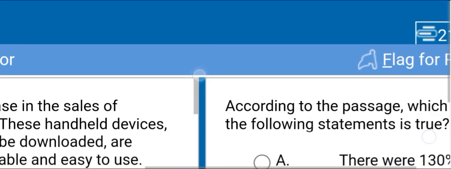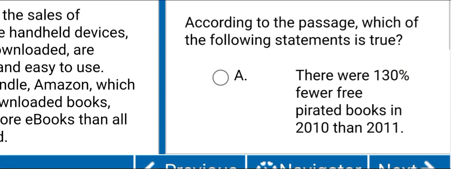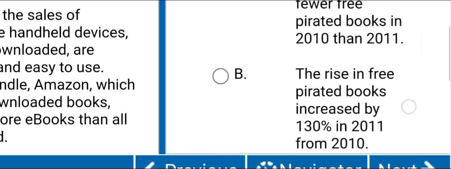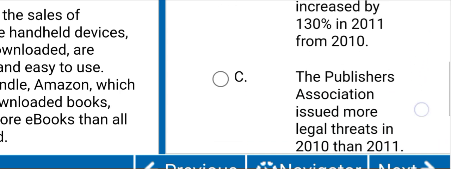Next we have, according to the passage, which of the following statements is true? Option A, there were 130% fewer free pirated books in 2010 than 2011. Option B, the rise in free pirated books increased by 130% in 2011 from 2010.